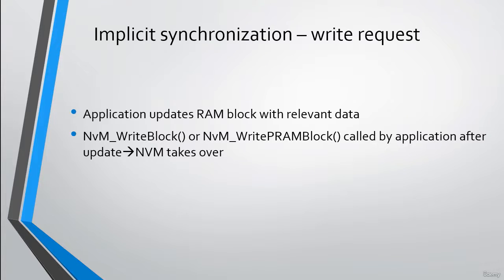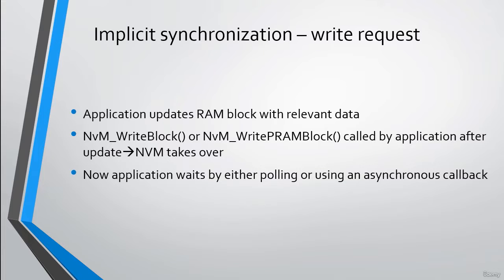The NVM write block API is called for a temporary RAM block, whereas NVM write PRAM block is used for a permanent RAM block. Once this is called by the application after the update of the RAM block, then NVM takes over. The application does its task, then NVM takes over.